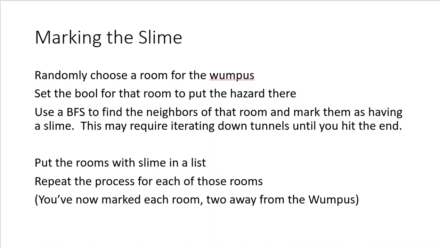As you do that, put those room numbers into a list, and then perform the same operation on those. Pull those rooms out, go to the neighbors of each one, and mark them. Now you've marked every room that's 2 away from the Wumpus.